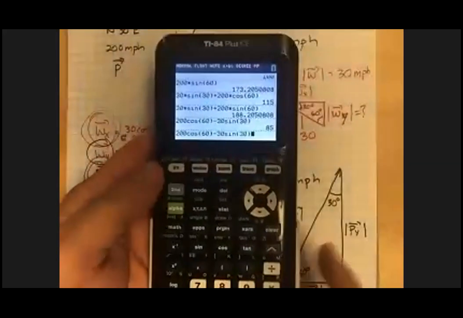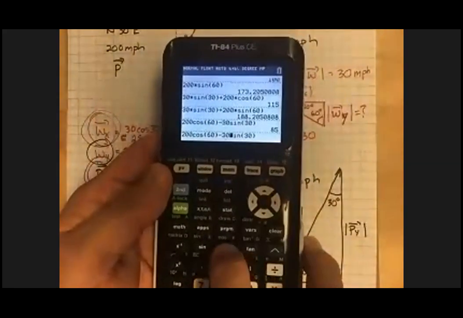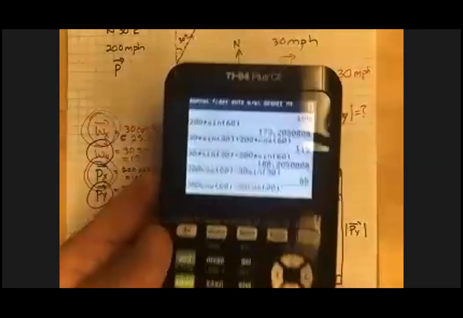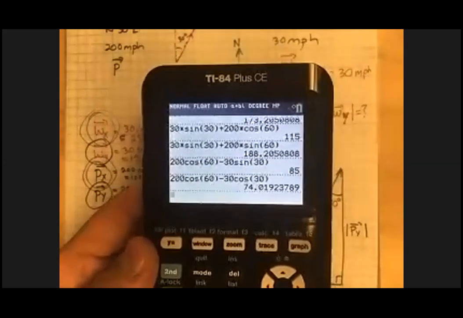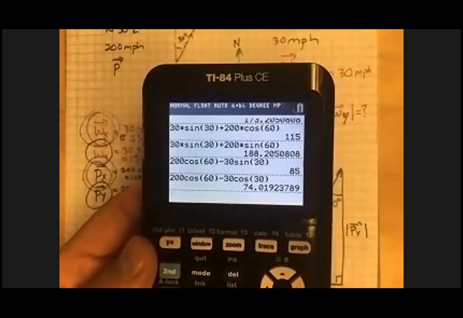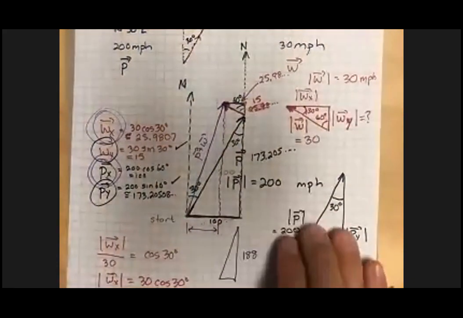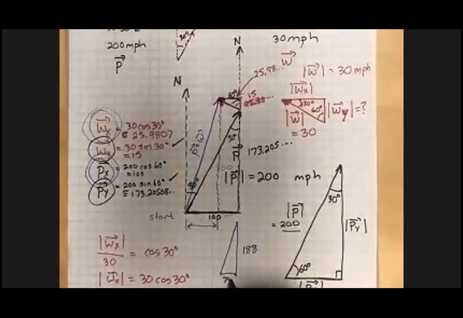Let's go reclaim that thing I typed and change the sine to cosine. Okay, I didn't intend to make those errors. Now that's around 74 and change. I didn't intend to make those errors, but it shows you that I've got to keep track of everything. So this is about 74, approximately.